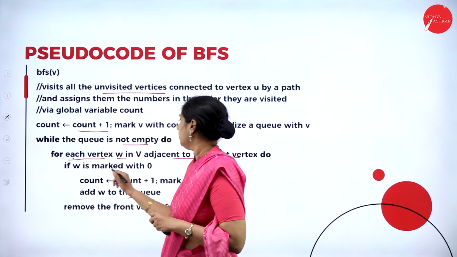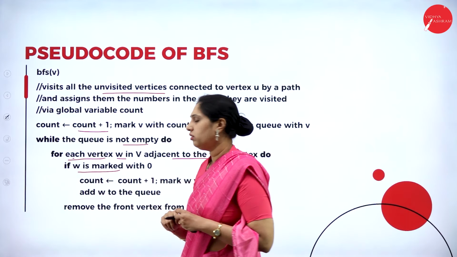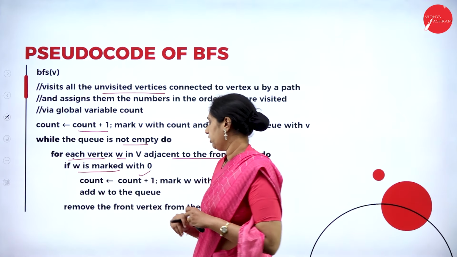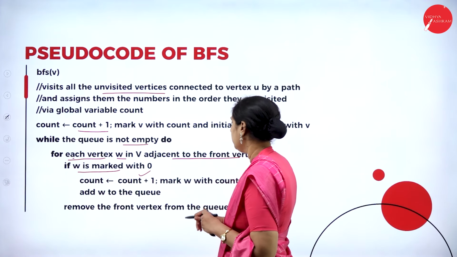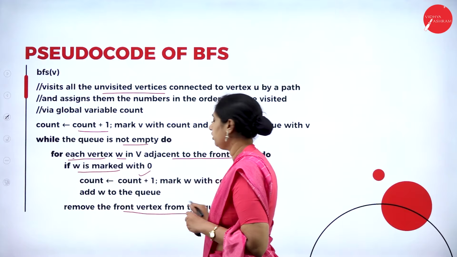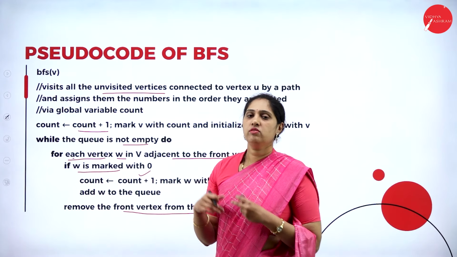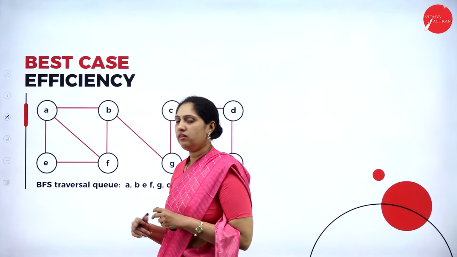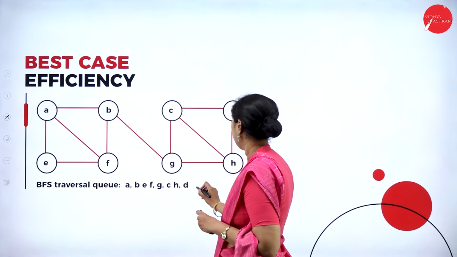Then W will be marked, and each time inside the while loop we'll increment the count. Then remove the front vertex from the queue. What is visited, we'll just remove it. So in this BFS traversal, the queue will keep the levels.